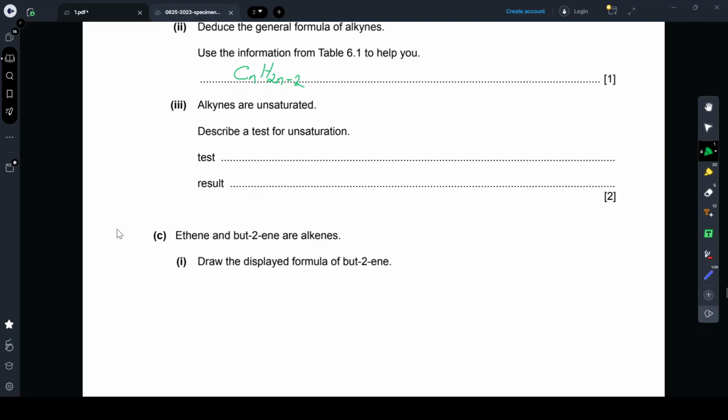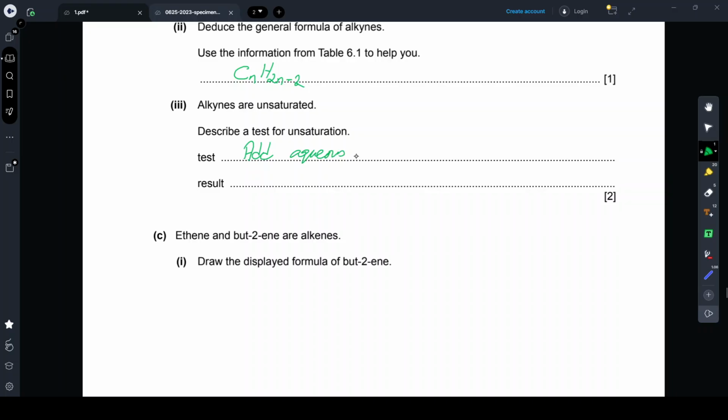Okay, you know what? We have to write for the test. We have to add bromine in water. Aqueous bromine or bromine solution. Yeah. And what would the result be? It decolorizes.